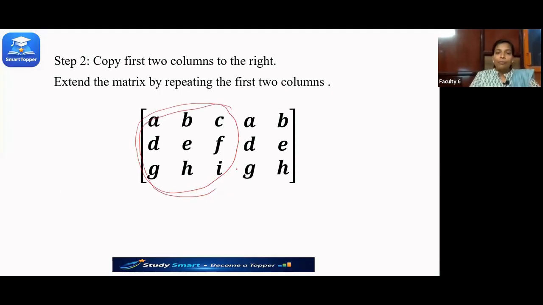What we have to do is first copy the first two columns of the matrix. That means from the given matrix, you have to copy the first two columns to the right side. So you can write A, D, G as the fourth column and B, E, H as the fifth column.